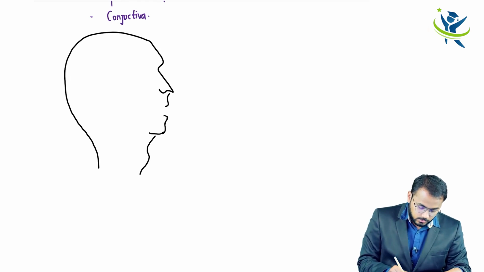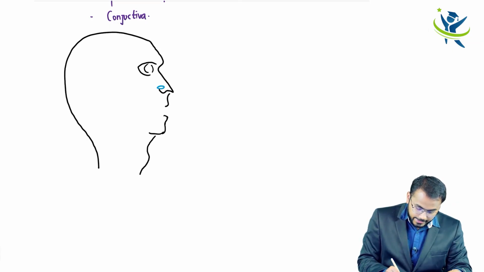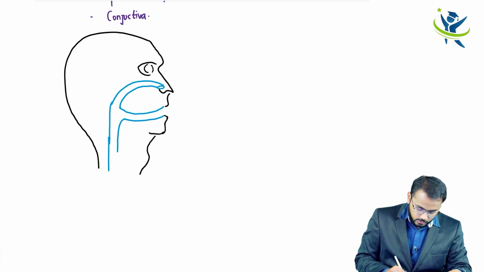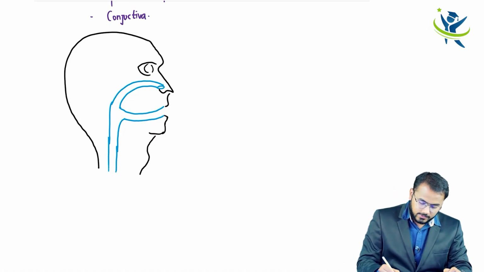All of you know this is your nasopharynx and this is your oropharynx. Together they join to form the laryngopharynx. Let us say, just for an example, you have your tonsils over here.